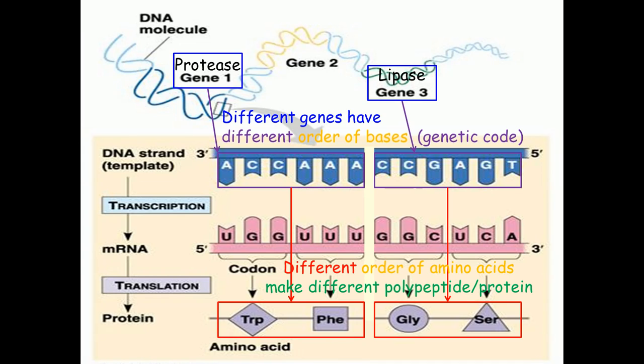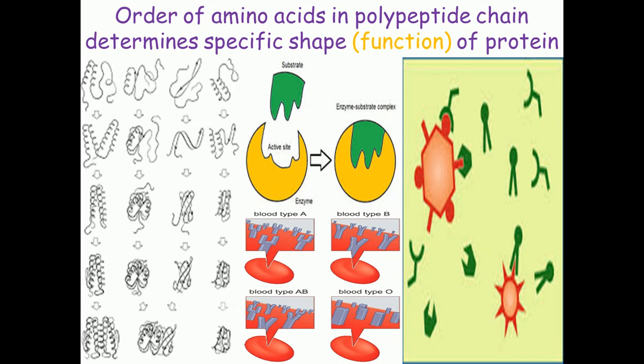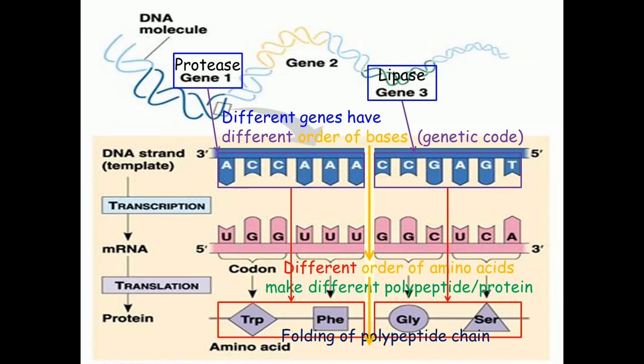And so when those amino acids are added in different orders, they will make a polypeptide chain that will fold differently, and because they fold differently, they will produce different specific shapes in the protein, and those proteins will therefore have a different function. So the order of amino acids will fold into a specific shape, and that means the proteins will have different functions, and that's why we know that those genes produce different proteins.